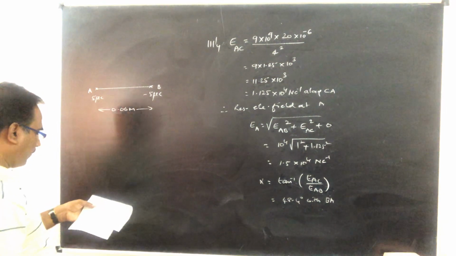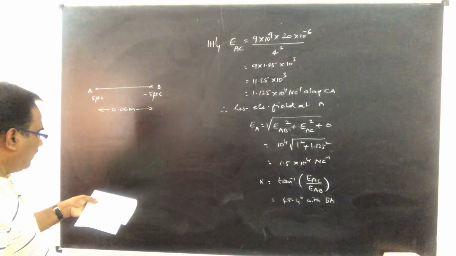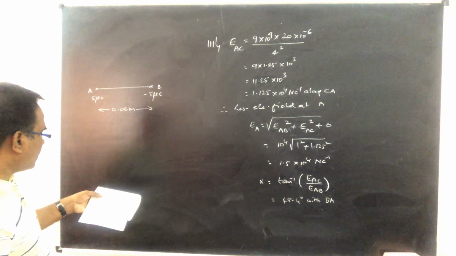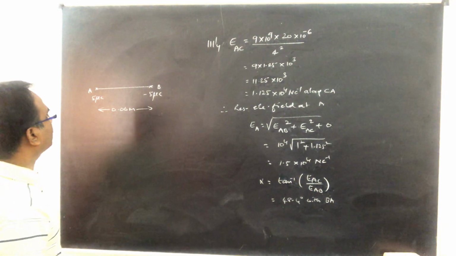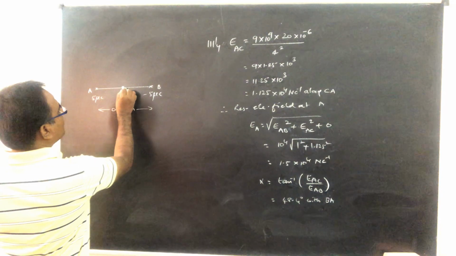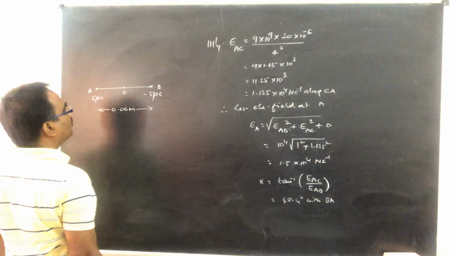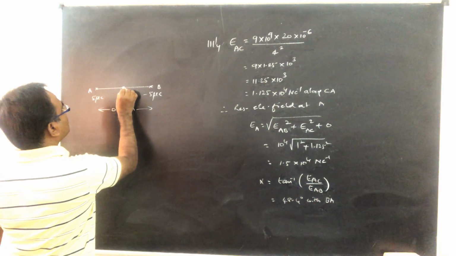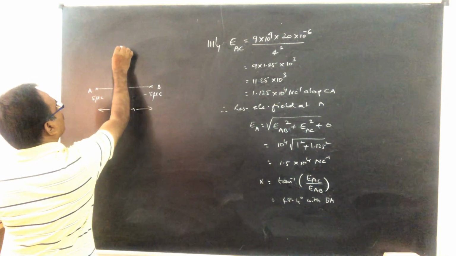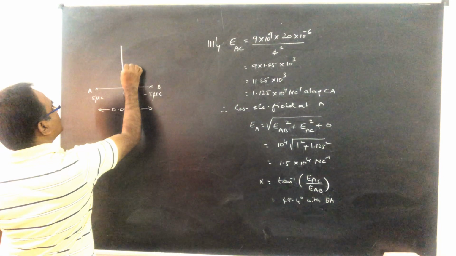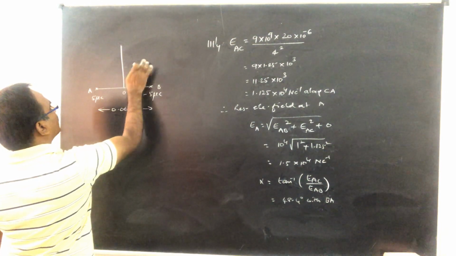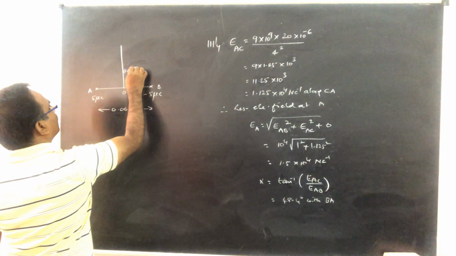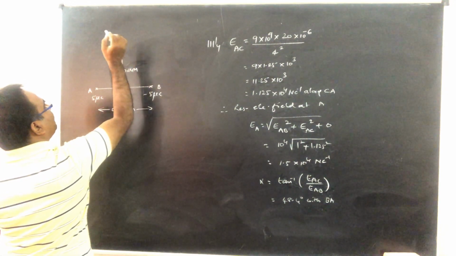Find the electric field at a point P on the perpendicular bisector of AB at a distance of 0.04 meter from the middle point. So this is the middle point of A and B. So this is the perpendicular bisector. On this perpendicular bisector at 0.04 meter, you are asked to find the field.